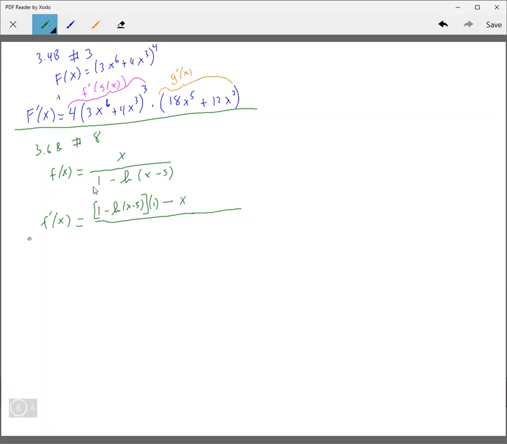The derivative of this is 1. Derivative of this is 1 over x minus 5, times the derivative of x minus 5, which is 1. And then that's all divided by the square of what's below. So divided by that.